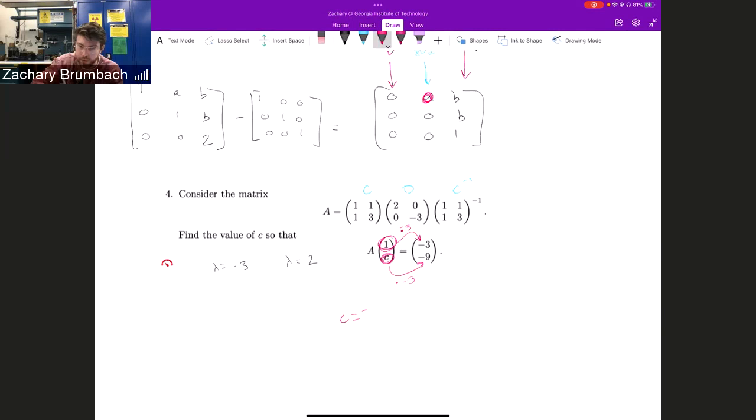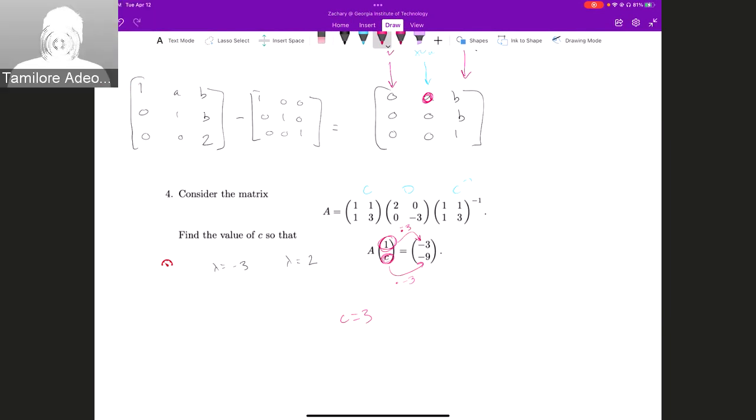That makes C equal to 3. Any questions on this one? Cool, okay.